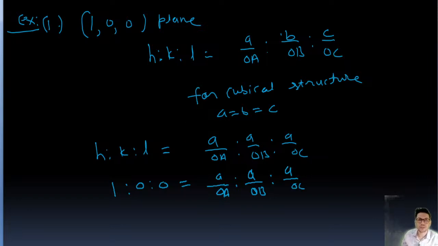Okay, this is the one, guys. From here we can easily get the intercepts value. OA is the intercept on x-axis, OB is the intercept on y-axis and OC is the intercept on z-axis. So OA value is A, OB value is infinite and OC value is infinite.